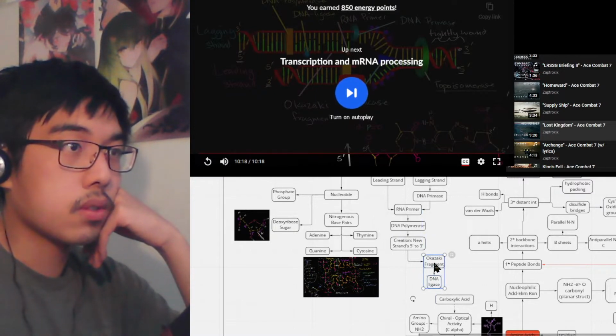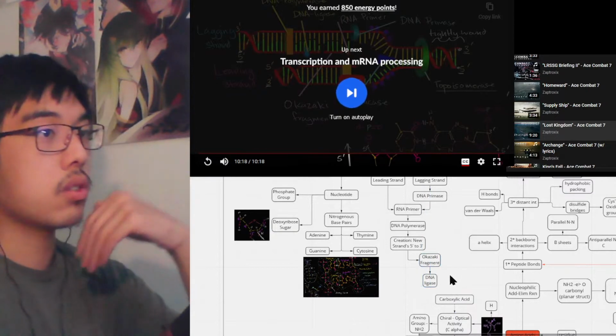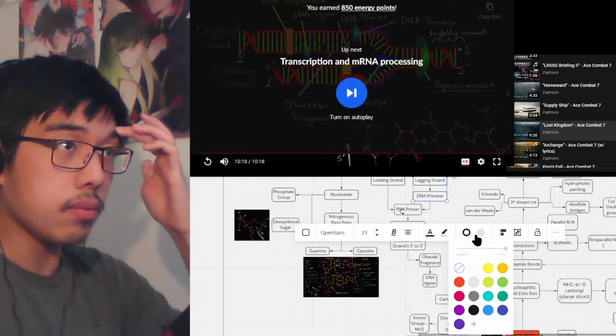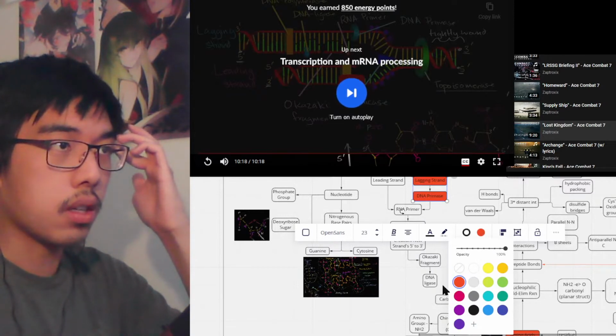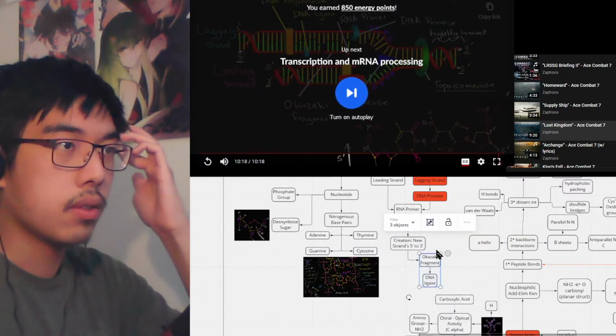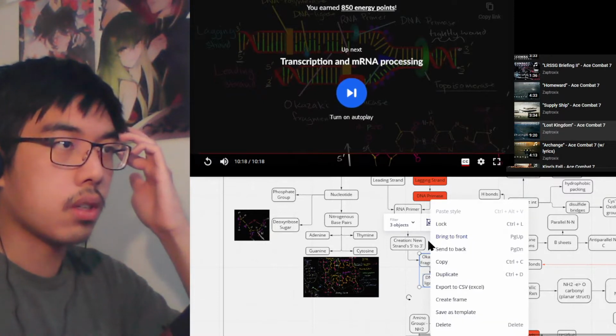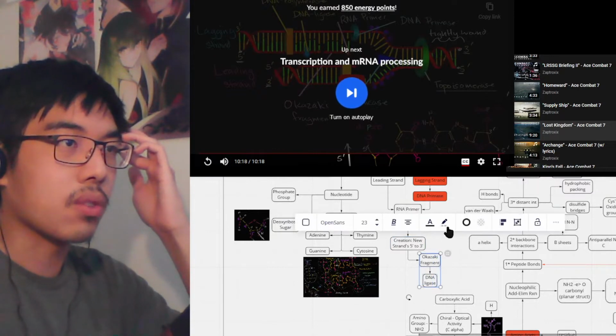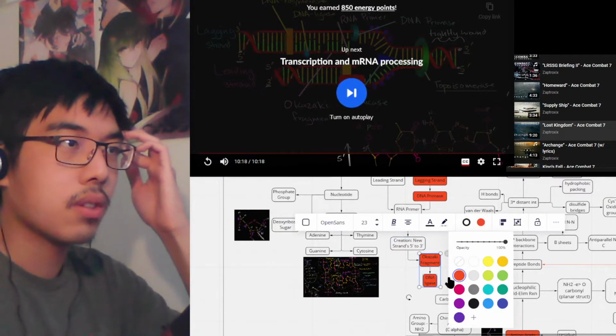Like this. So now that is more in line with the lagging strand situation. Now I can just go ahead and highlight it red, because it's slow. And I don't like it. Just because it's slow. Alright, red.